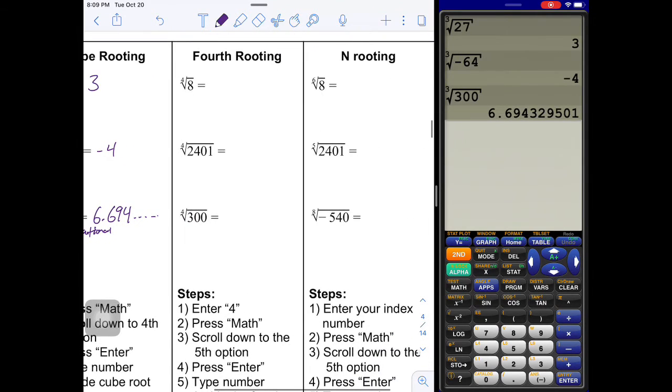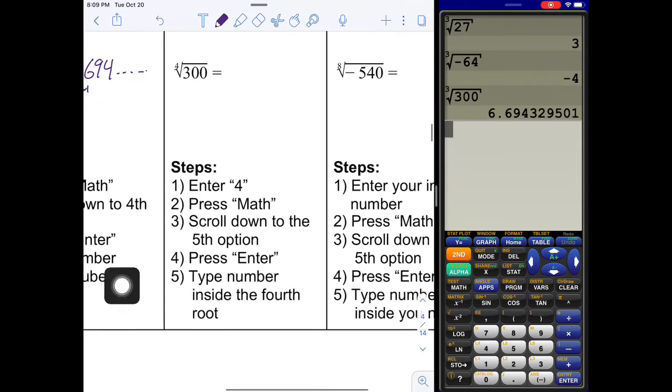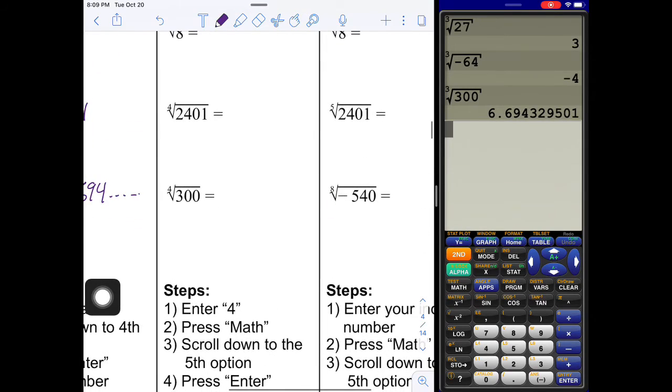Okay, how could I fourth root? Fourth rooting is a little different. Anytime it's not just square rooting or cube rooting, you first have to plug in your index. So here you're going to enter 4, because you're entering your index in. So I'm just going to press 4 on my calculator.